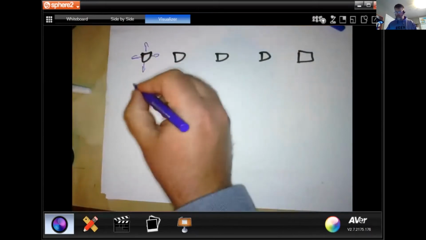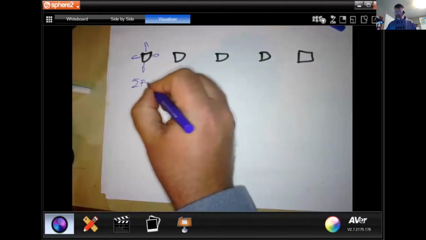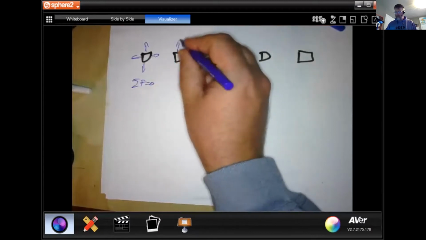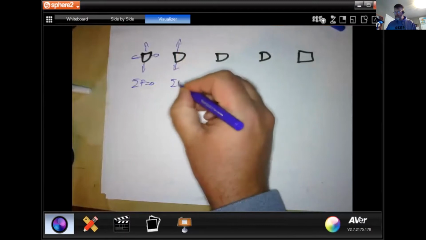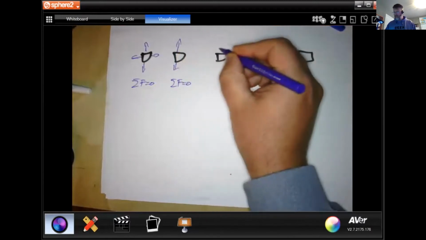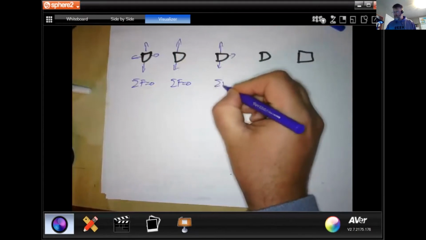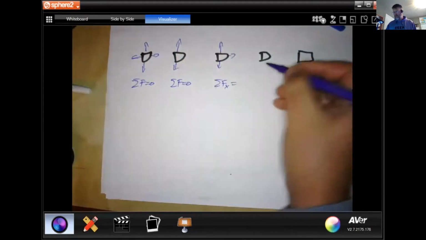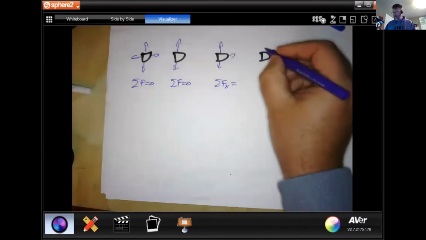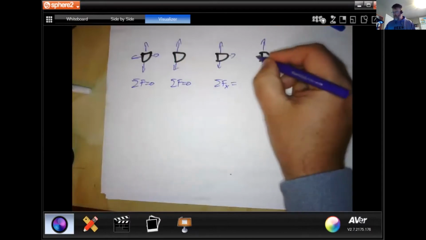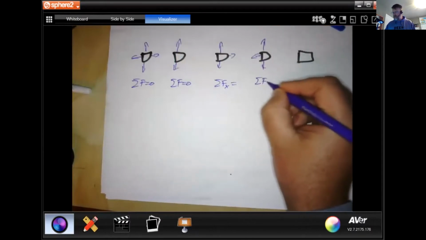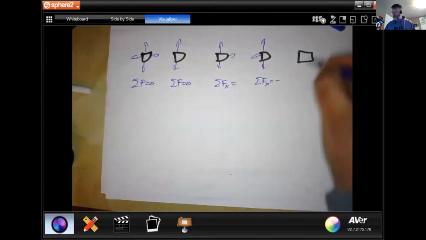We have one that looks pretty balanced. It looks like the sum of the forces equals 0. This one looks like the sum of the forces equals 0. This one looks like the sum of the forces in the x equals some positive number. This one looks like the sum of the forces in the x equals some negative number.